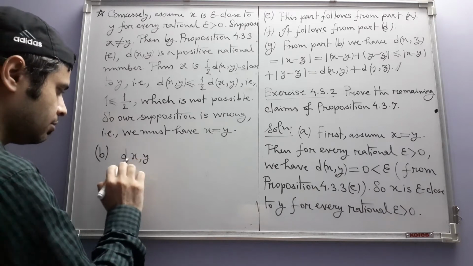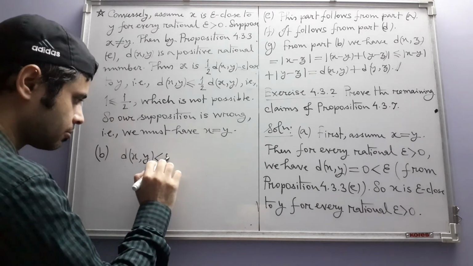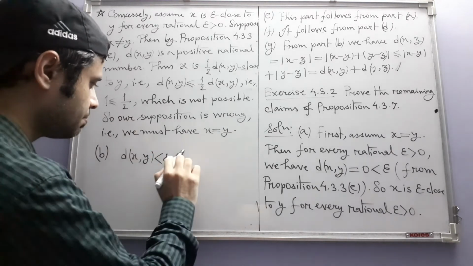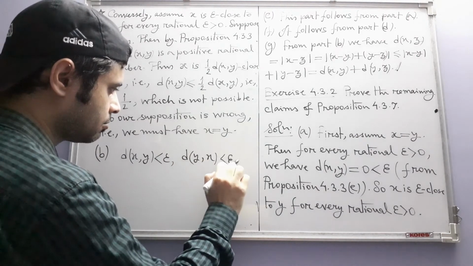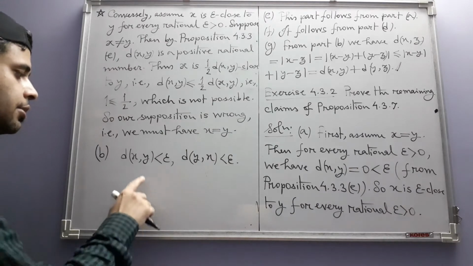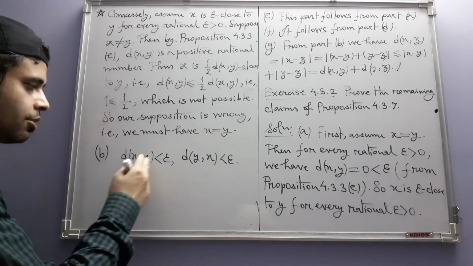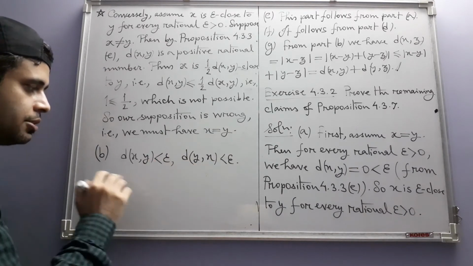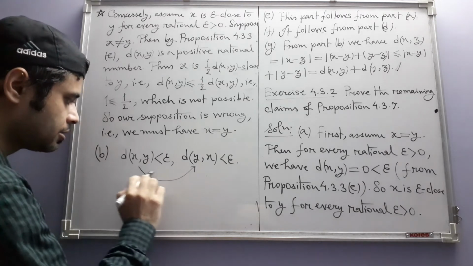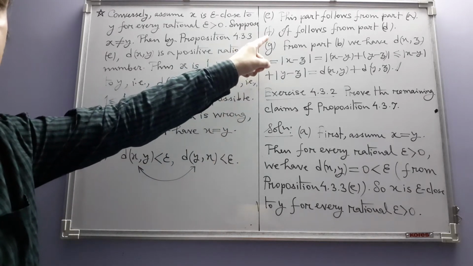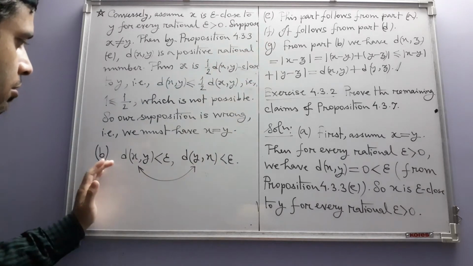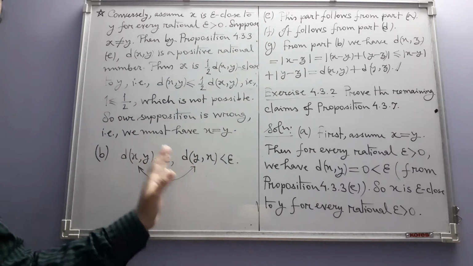That means we are given this. We have to prove this. Now it automatically follows from this. This one follows from this because these two things are equal, and that comes from symmetry of distance, or proposition 433 part F. So we have understood how it comes.